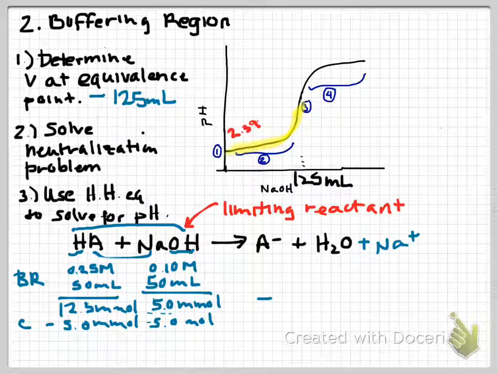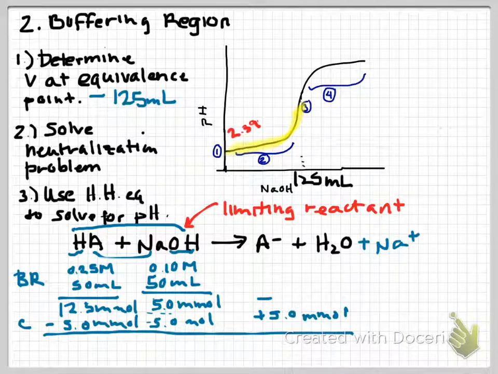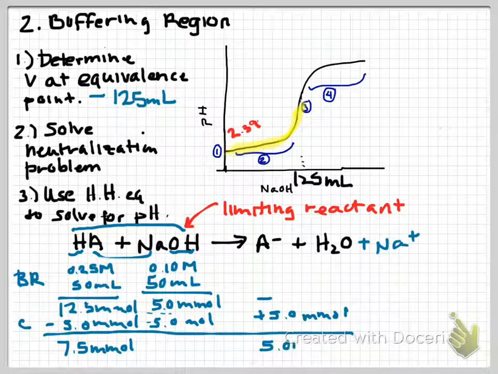And then now I'm going to produce 5.0 of my conjugate base. So after this reaction occurs, I have 7.5 millimolar of my acid, and I have 5.0 millimolar of my conjugate base, and no strong acid.